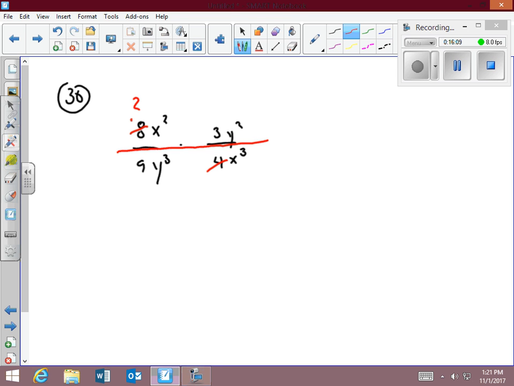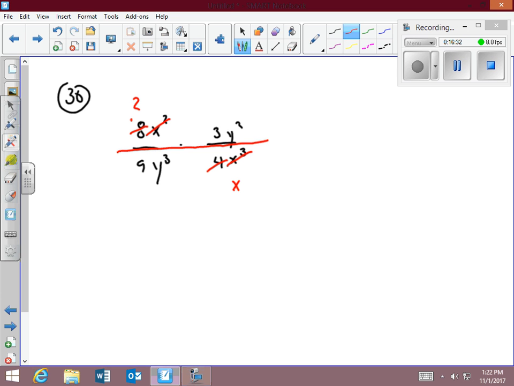Now we can just go left to right across the top. You have an x squared. Look in the denominator. You have an x cubed, right? If I take an x squared out of x cubed, I have an x left, right? Now you look at the 3.